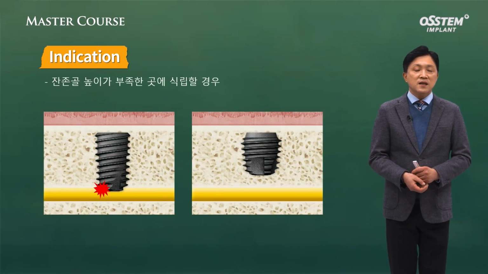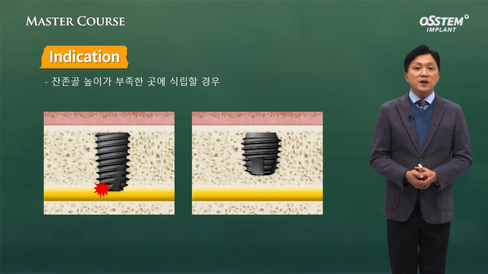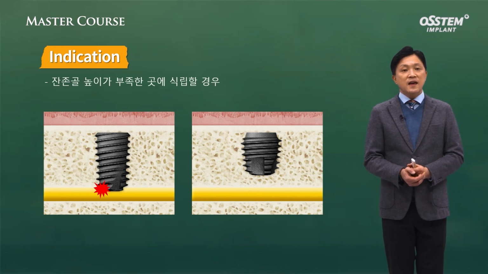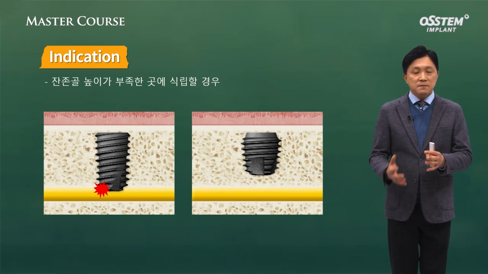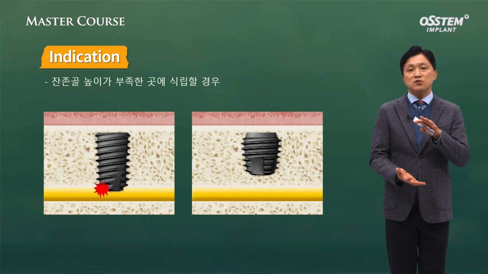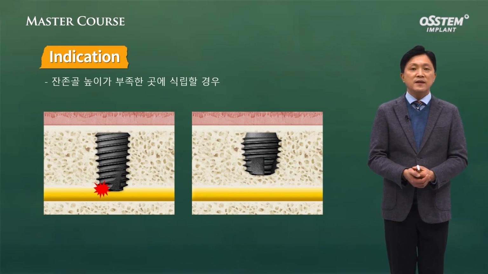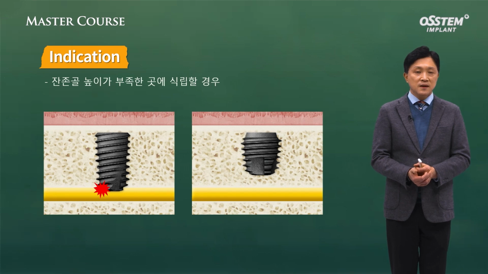And the last indication would be when residual bone height is not sufficient. In that case, a wider and shorter implant, that type of wide or ultra-wide implant, is what you usually use.